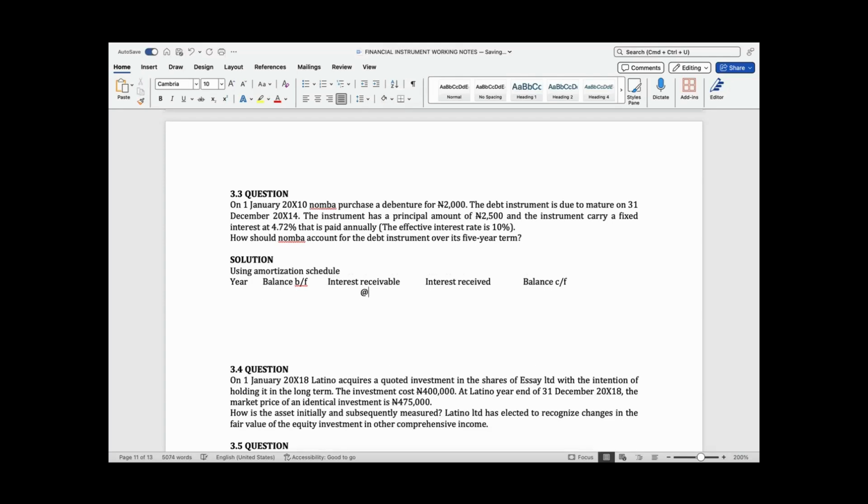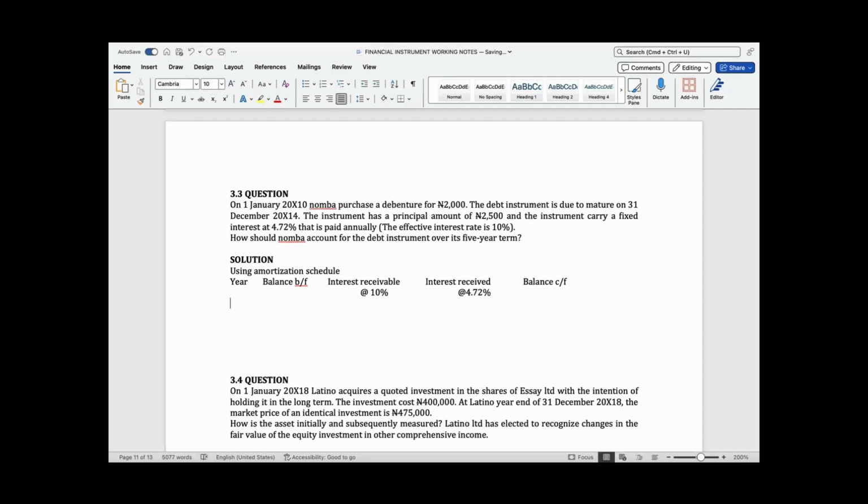The effective interest is at 10%. The nominal interest is at 4.72%. At the end of the first year, the guy invested 2,000. The interest receivable will be 10% on the opening balance, which is 200.